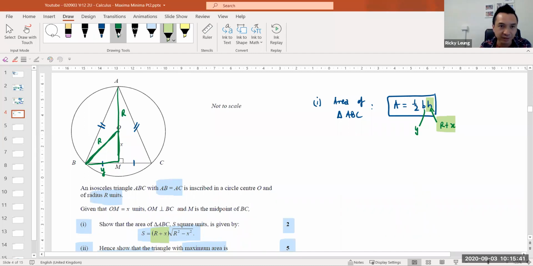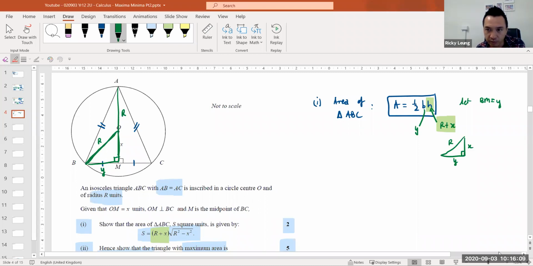So here's what I'm going to do. Pythagoras kicks in. Off to the side, or over here maybe, I've got a triangle where it's r, x, and y. If your teacher asks what's y, you can say let BM equal y, just to work cleaner with a variable instead of using BM all the time.